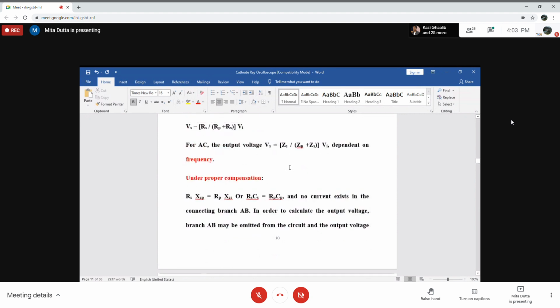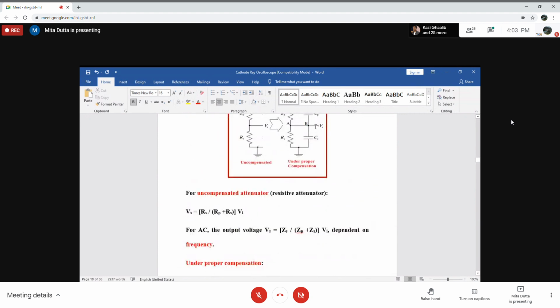So what will be the output of the attenuator? If it is an uncompensated attenuator, it will change with the input signal frequency, but in a compensated attenuator, it is independent of the input signal frequency.